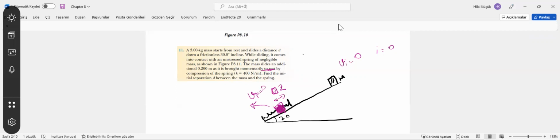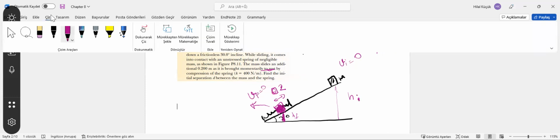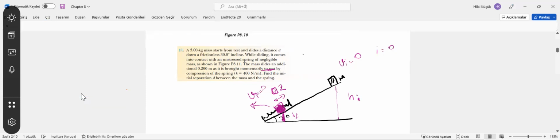Okay, how can I calculate it? At first step, there is just potential energy. And when it comes to here, say this is the final one and this is the initial part. If I take that part and say this is my reference point, and at that point it is 0, you will calculate the same thing.